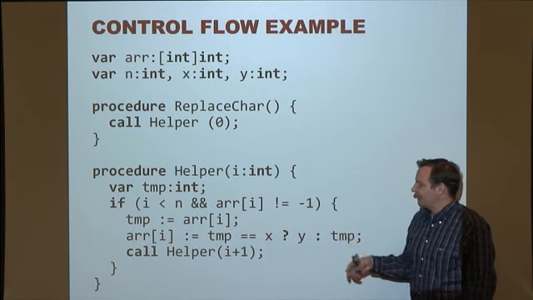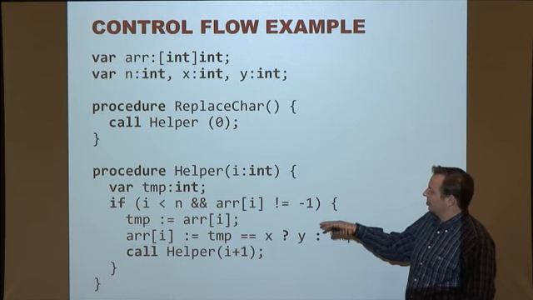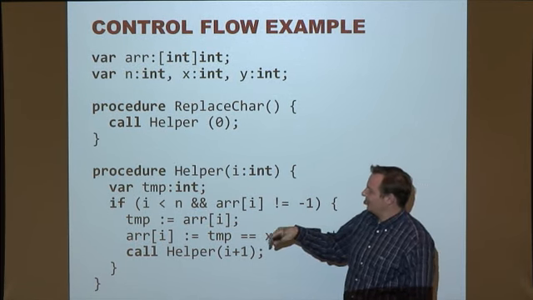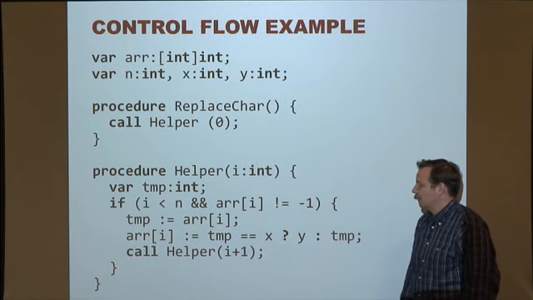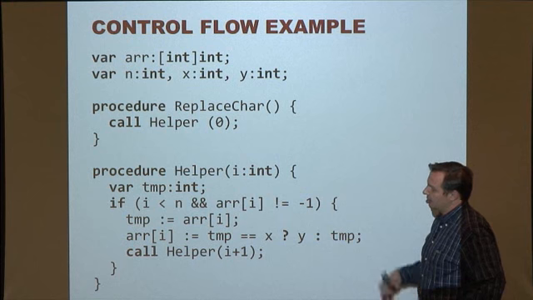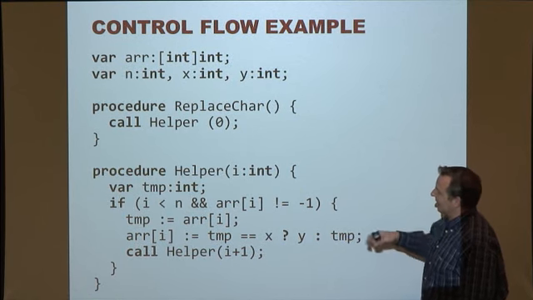So it's basically replacing x with y in this array, and it terminates when either n is reached or the array is set to -1. It's your basic replace character procedure.